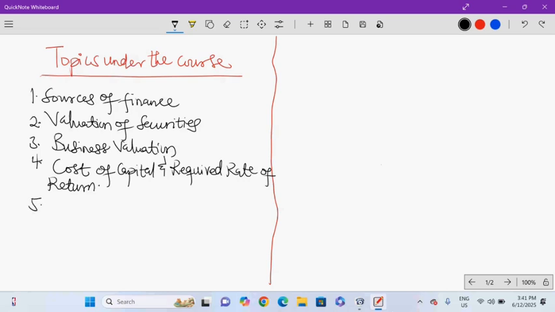Then the capital structure determination.